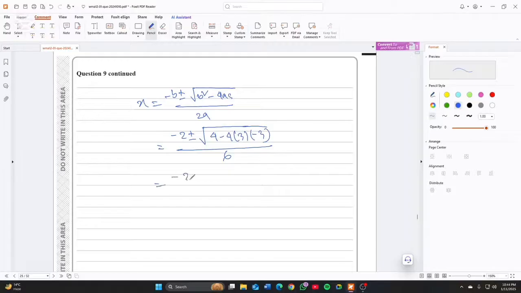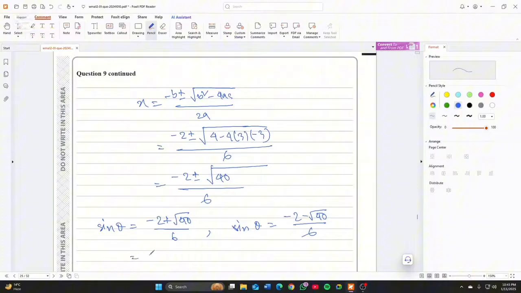This will be minus 2 plus minus root over 4. So 4 3s are 12, 12 3s are 36, and minus minus is plus. 36 plus 4 is 40 divided by 6. So one value of sine theta will be minus 2 plus root 40 by 6, while another value for sine theta will be minus 2 minus root 40 by 6.